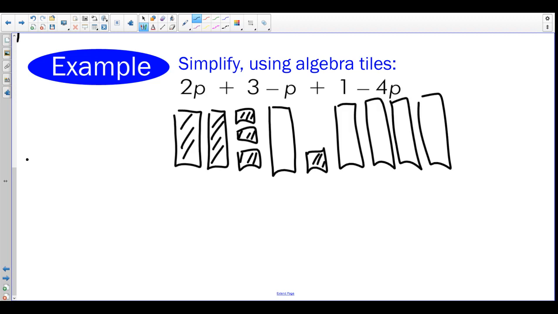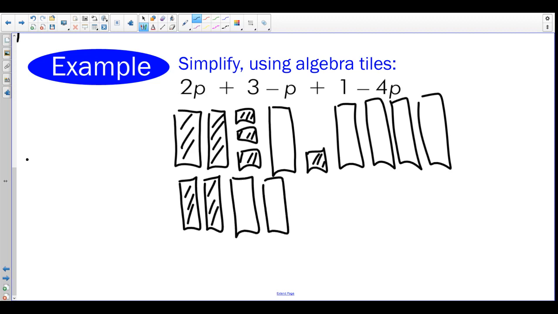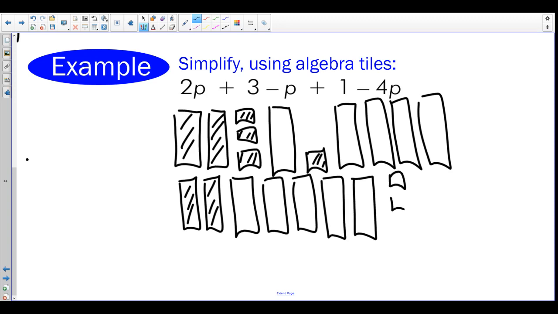And now what we're going to do is we're going to put all the rectangles together and all the squares together. So put our 2 positive rectangles together with our 1, 2, 3, 4, 5 unshaded rectangles. And then we have our 1, 2, 3 shaded little squares that we combine with the other shaded little square.